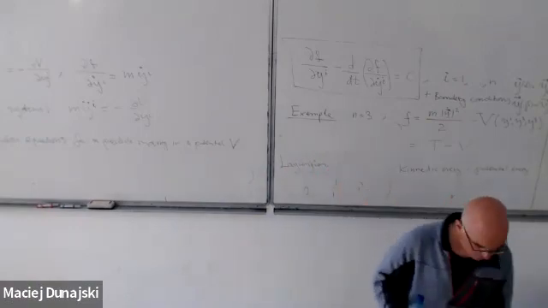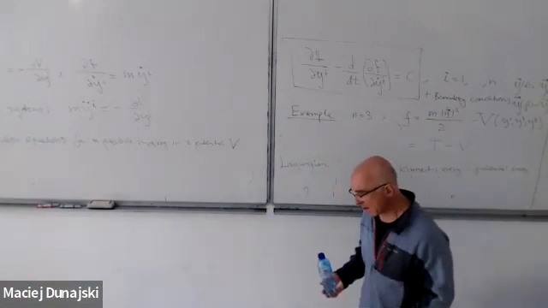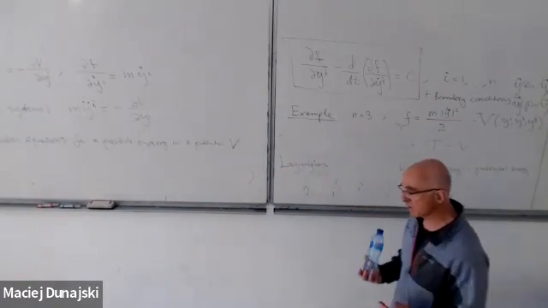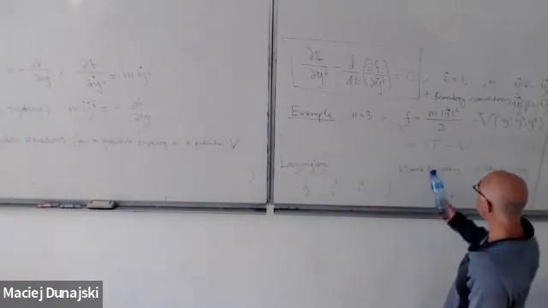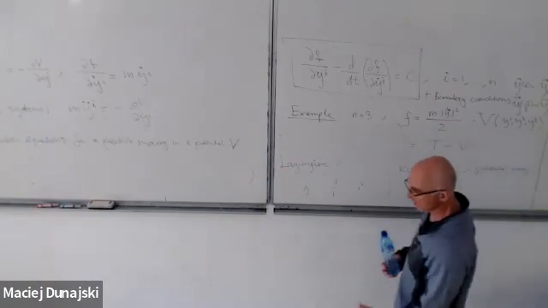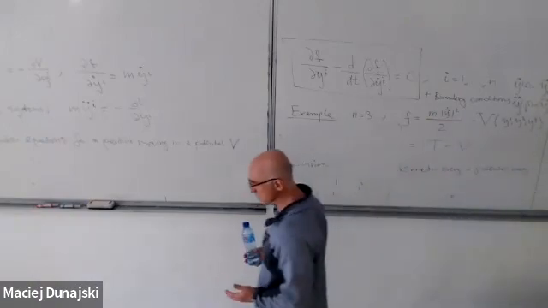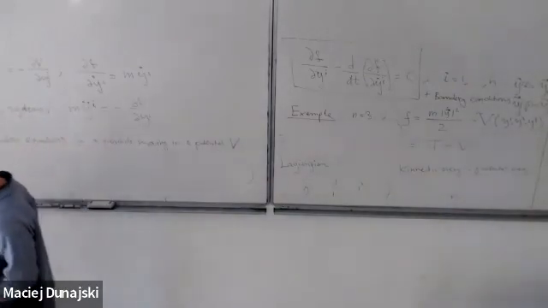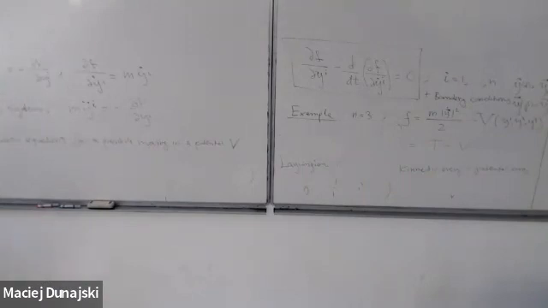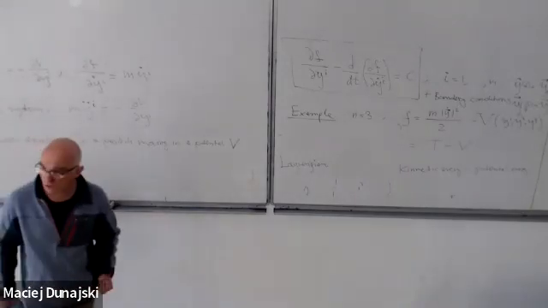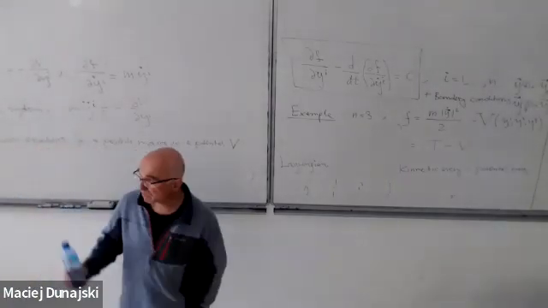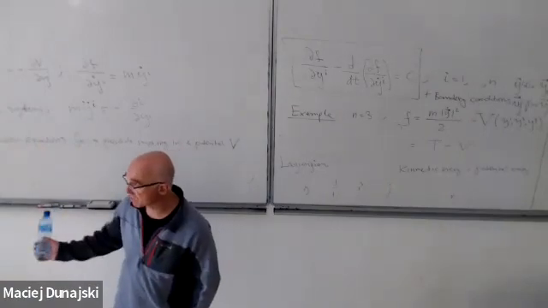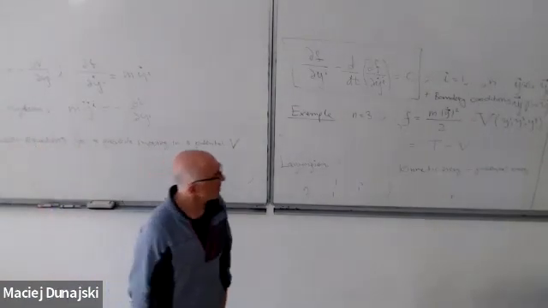Formulated in the right terms, it says that there is this mystical quantity, the Lagrangian, which is T minus V, and things in nature, in the universe, move in a way which makes this functional minimal. So nature chooses the simplest path. This is an attractive idea, especially because we now know that most, if not all, laws of physics can be formulated as a variational principle, as a principle of least action.